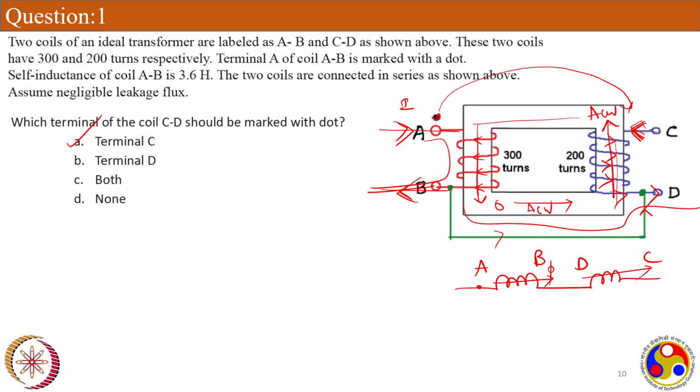So if it's leaving the C, then the dot can't be at the C. But B and D are at the same potential. These are physically connected. Yeah. But then only the A will have the same dot as the C.